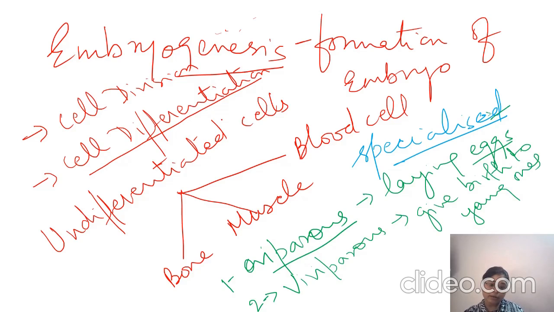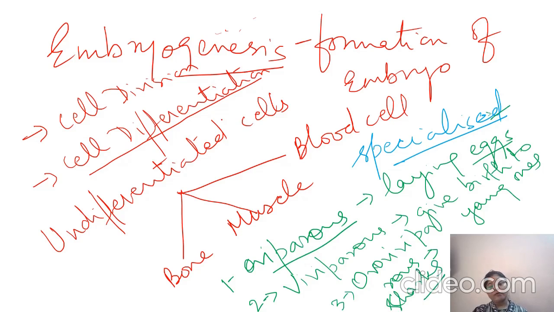And the third one, which is less heard, is ovoviviparous. Like in certain cartilaginous fishes, like sharks, they are ovoviviparous.